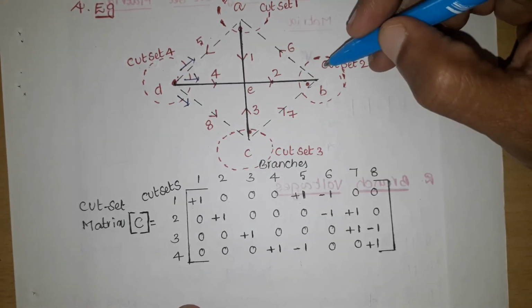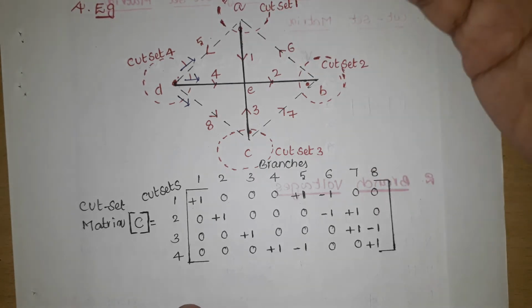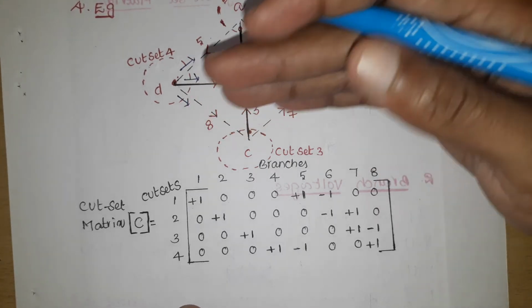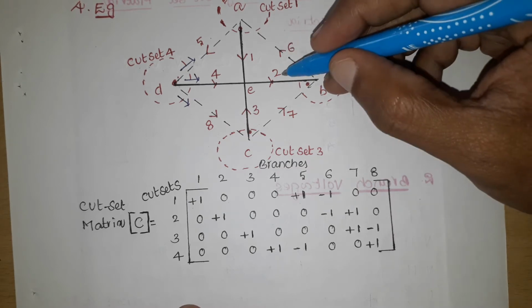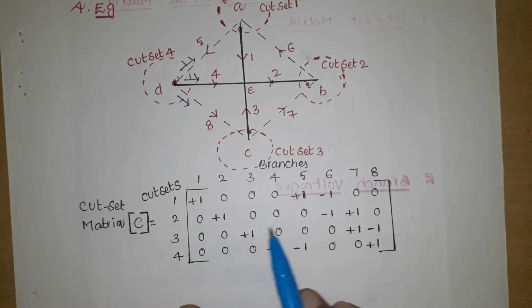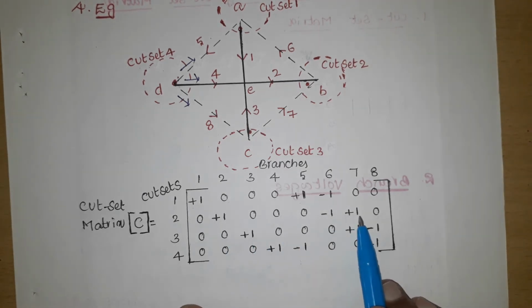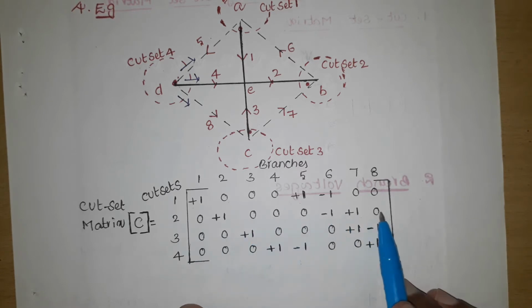Now we compare that direction with the currents in the 6th link and 7th link. So 2, 6, 7 become non-zero elements and the remaining, 1, 3, 4, 5 and 8, are zeros.